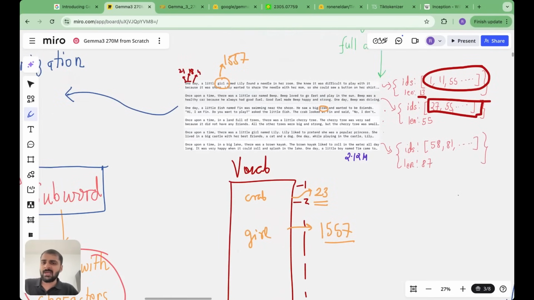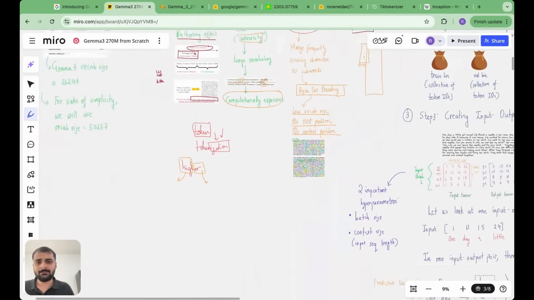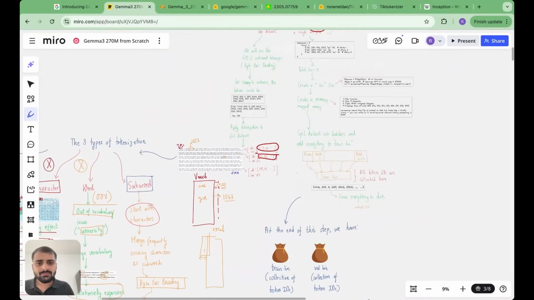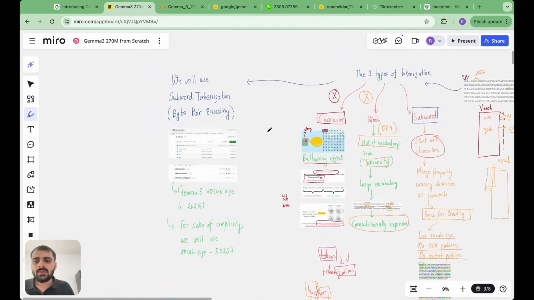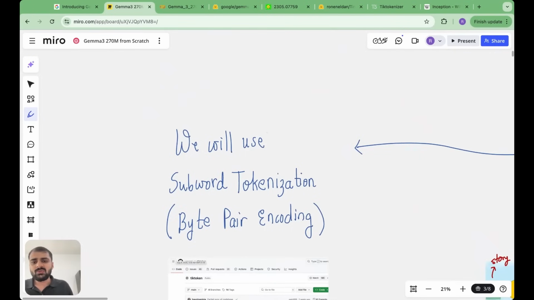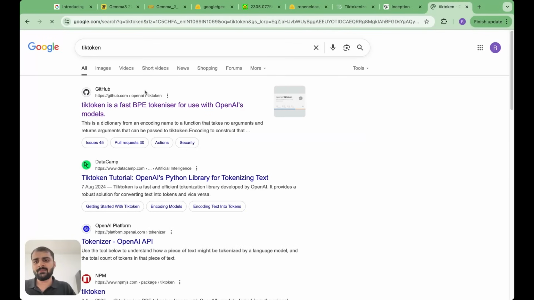And so subwords can be individual tokens. The vocabulary size which we are going to consider is 50257, and the library which we are going to use for tokenization is called tiktoken.